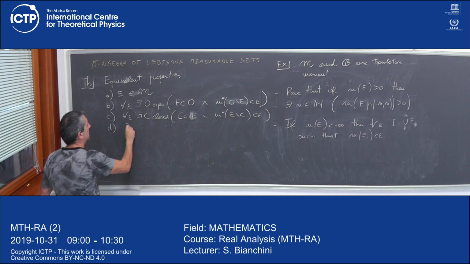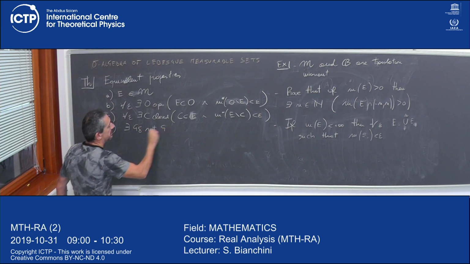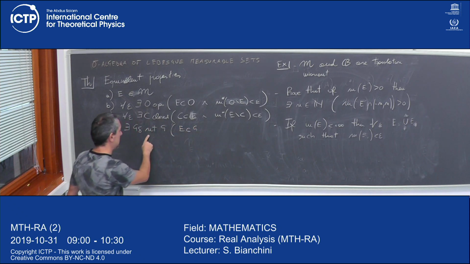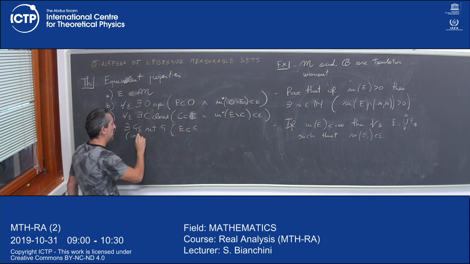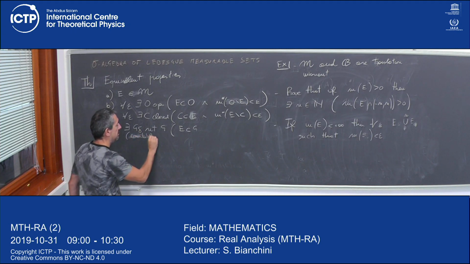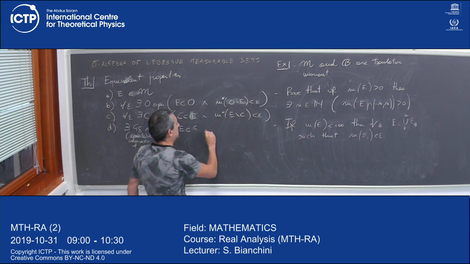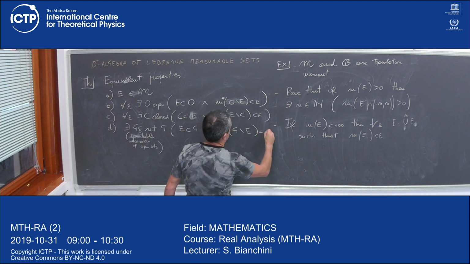D: there exists a G delta set G such that E is contained in G. G delta means that it's a countable intersection of open sets, no? And the outer measure of G minus E is equal to 0.